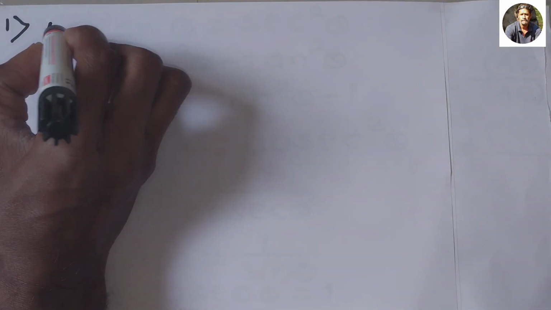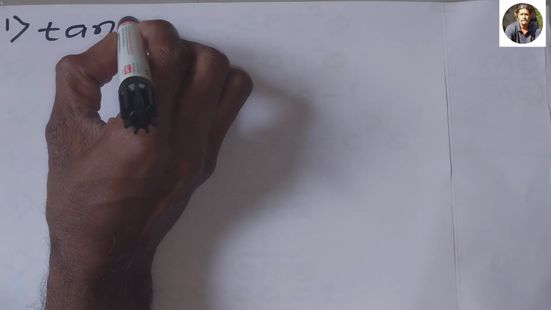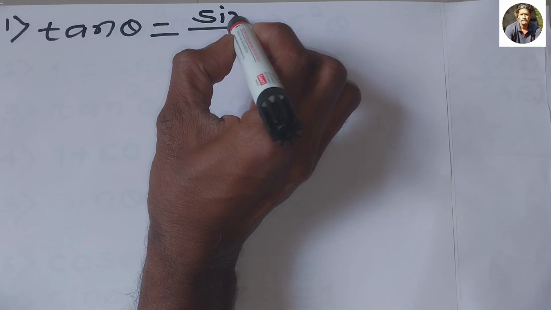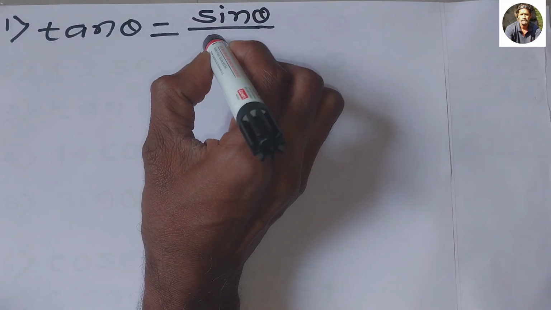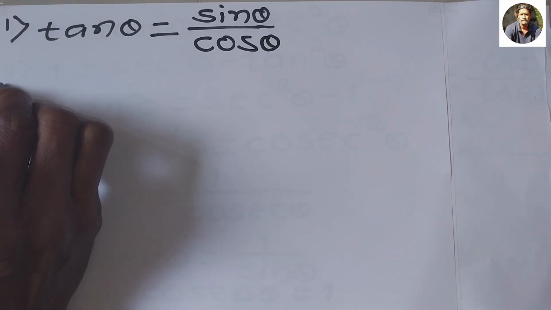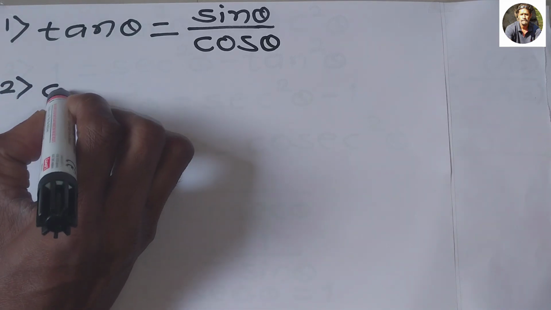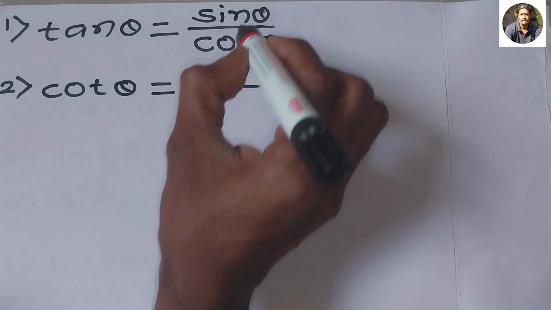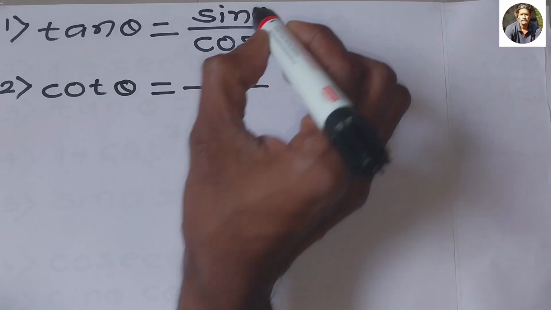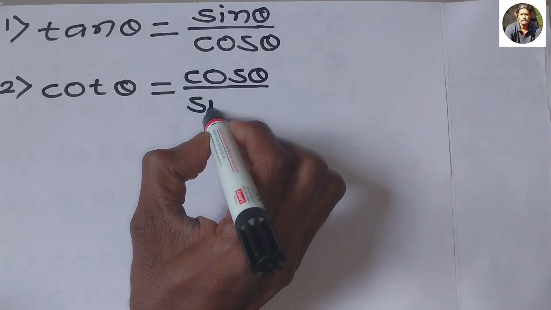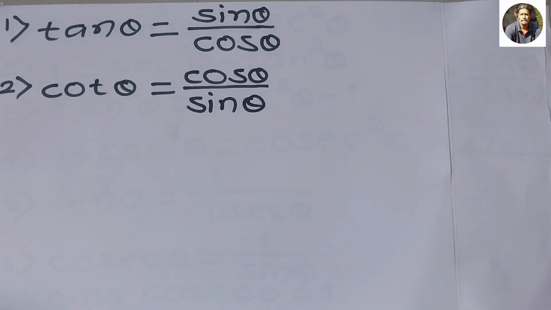Next formula, tan theta is equal to sin theta upon cos theta. A very, very important formula. Then the next one, cot theta is equal to the multiplicative inverse of the above, cos theta upon sin theta.